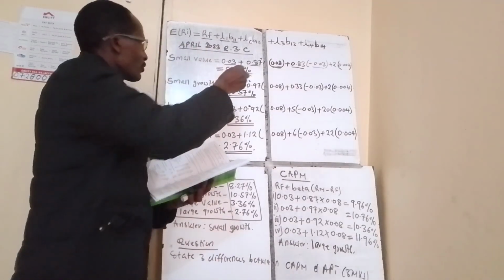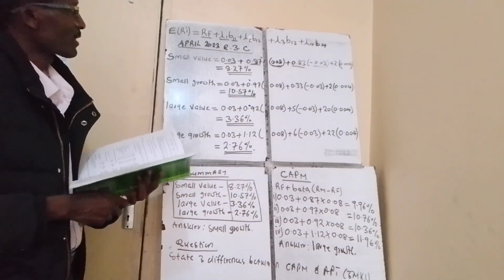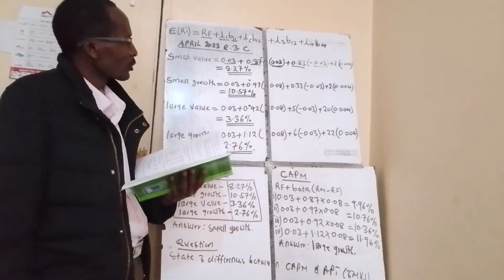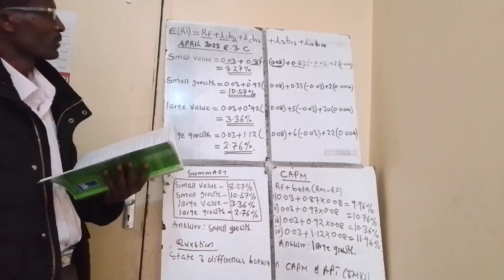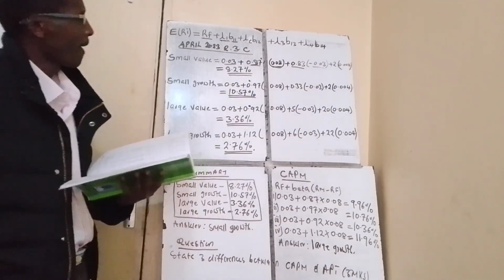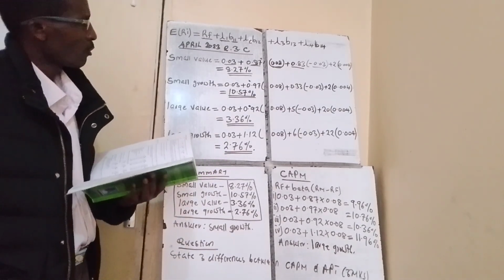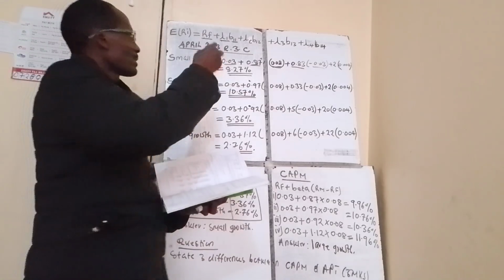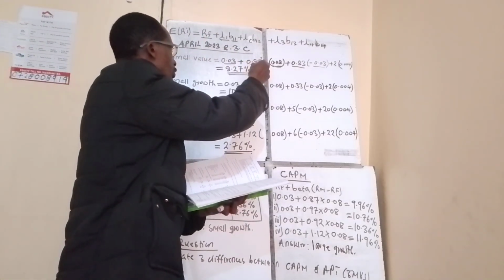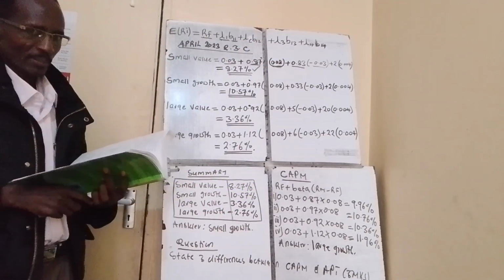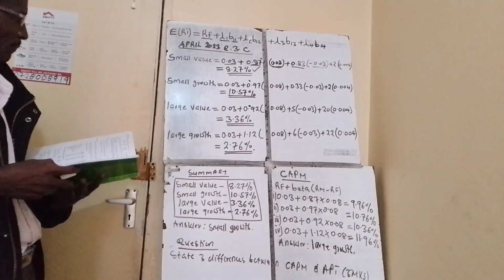So 0.03 plus 0.87 times 0.08 plus 0.83 times negative 0.03 plus 2 times 0.004, we get 8.27%. Okay, that is for small value.